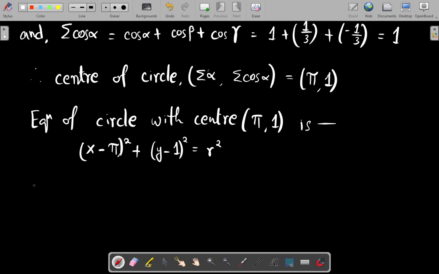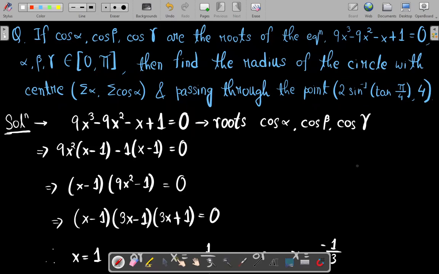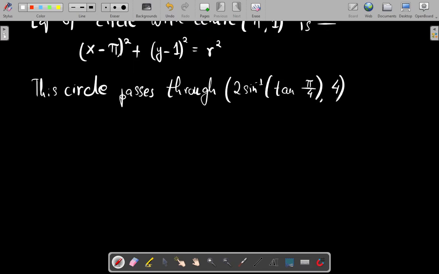Now it is also given this circle passes through the point 2 sine inverse tan pi upon 4 comma 4. This point can be further simplified.